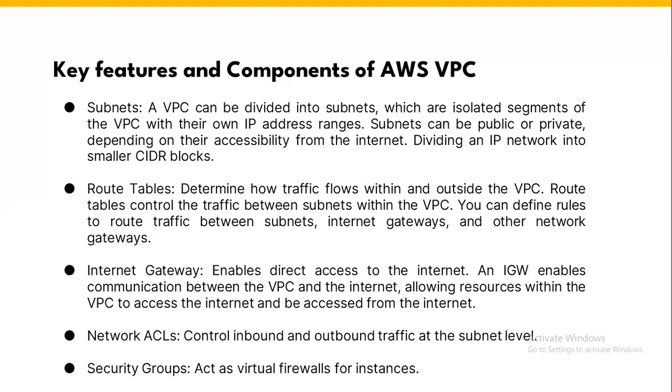And then you create their own IP addresses. Like I said, in the VPC, the subnet can be public or private. When it is public, it means it can have a direct connection to the internet.